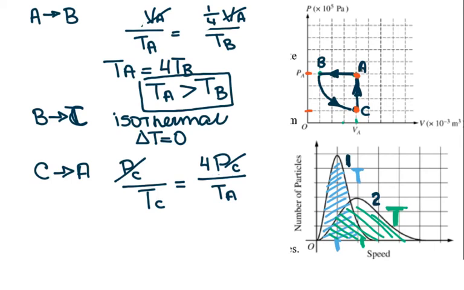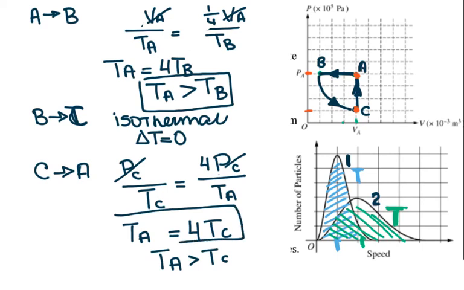And it looks like TA is equal to 4 times TC. So again, TA is bigger than TC. And that supports the claim because TA is equal to 4 times TB and 4 times TC, but TB and TC are the same temperature.